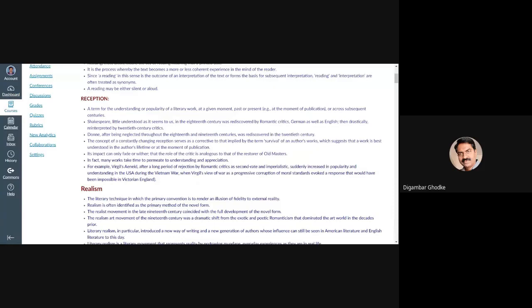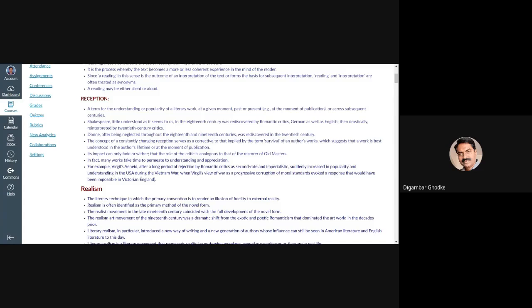Means they may not be received positively at the time of publication, but with time they may be understood and appreciated by the readers and critics. Similarly, the case of films. Many of the films are often neglected soon after their release. But with the spread of word of mouth, the audience may visit the cinema for watching them.